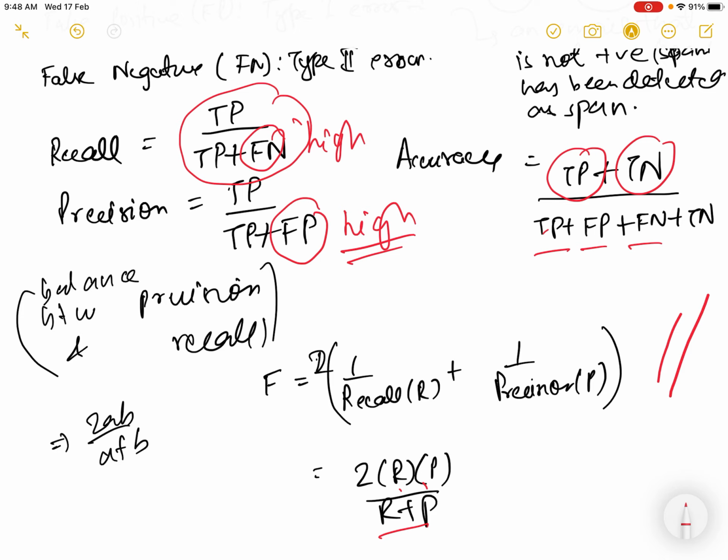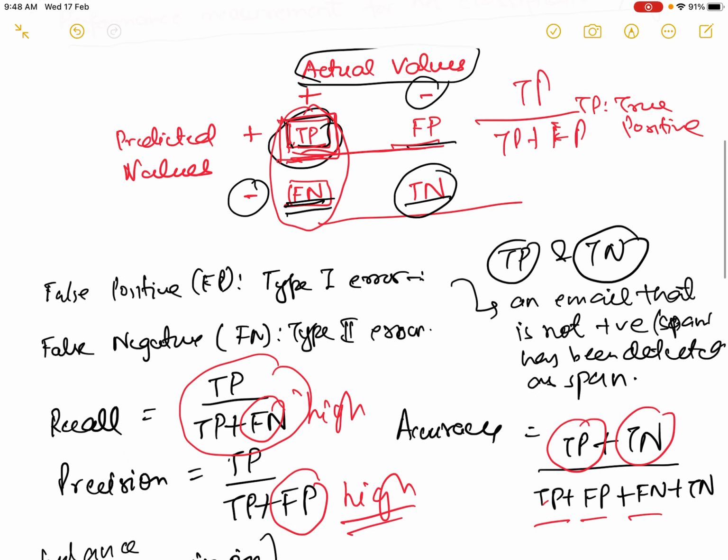If it is not the same, say I have a data set where the actual positive values are very high, or the actual negative values are very few, anything can happen. Even if you take an average of that, it is not a good call. So we always take an average when we have the same denominator. That's why here we are taking the average of the reciprocals of recall and precision, and obviously this cannot be the only reason.